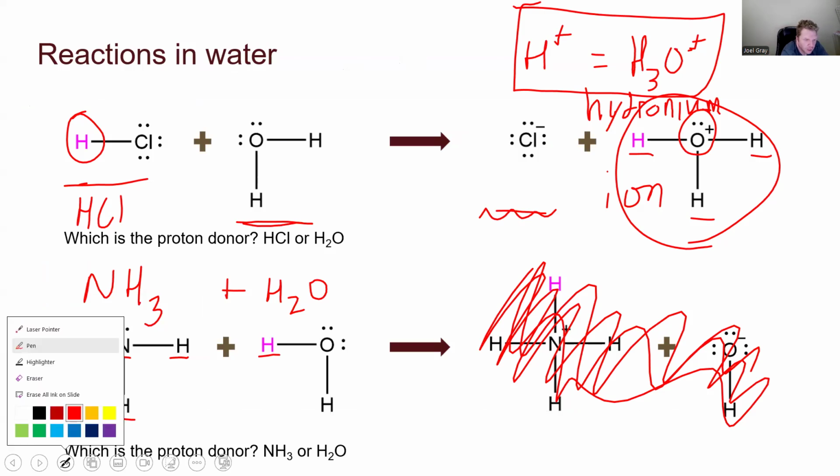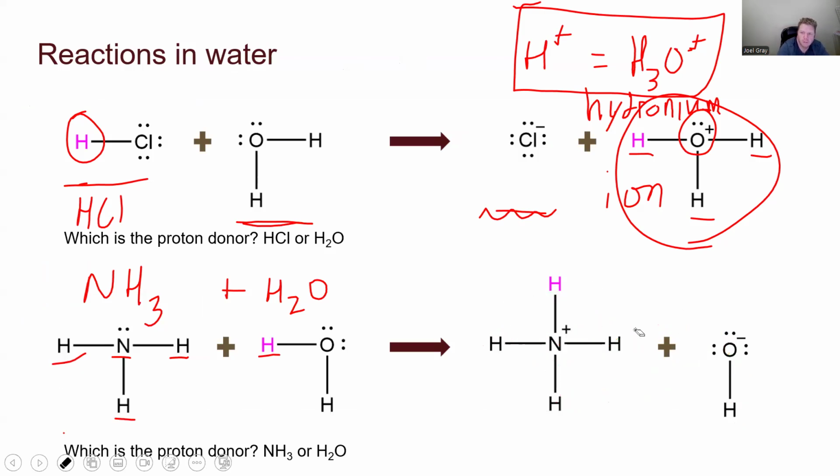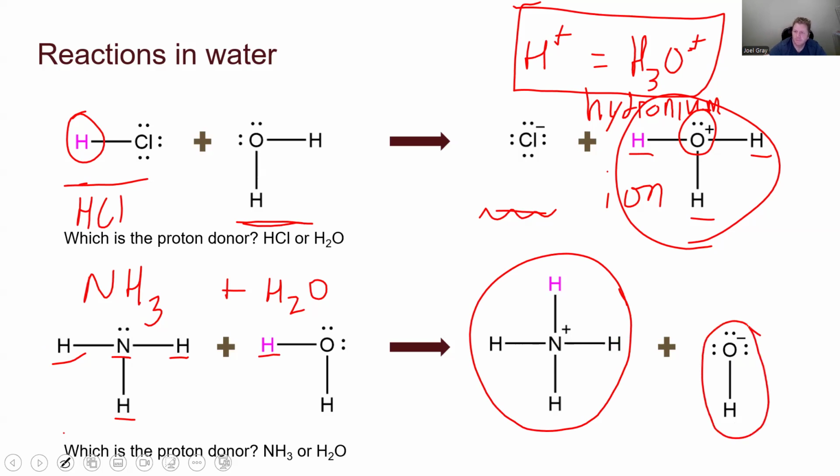Now, in addition to that, whenever water gives up that hydrogen and nitrogen accepts it, we're going to end up with a positively charged nitrogen and 4 nitrogen-hydrogen bonds. We're also going to end up with a hydroxide ion. I'm going to label that hydroxide. So that's a hydroxide ion, and this right here is ammonium.